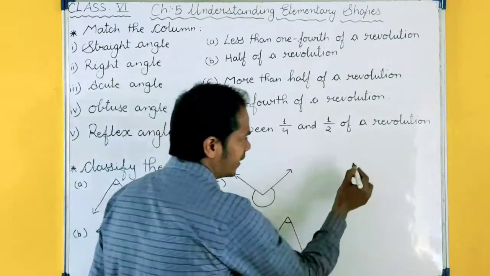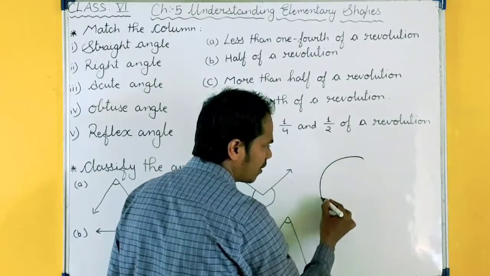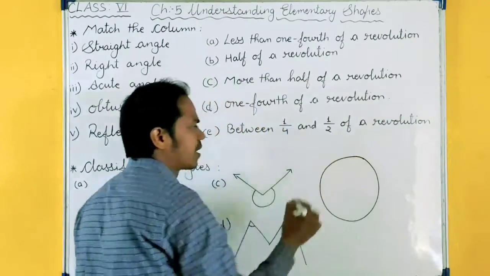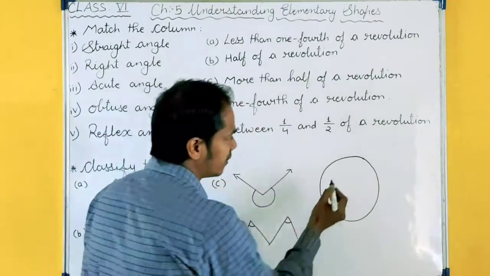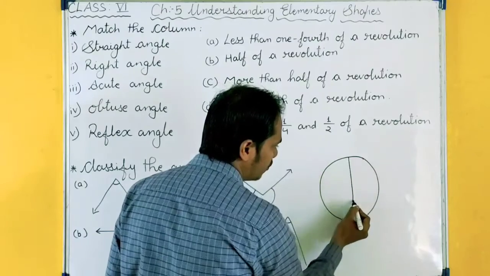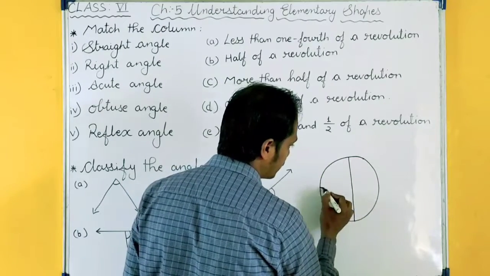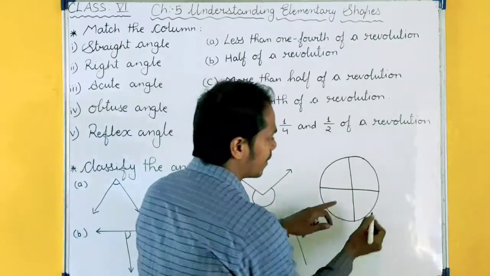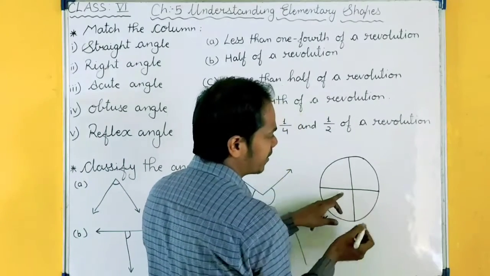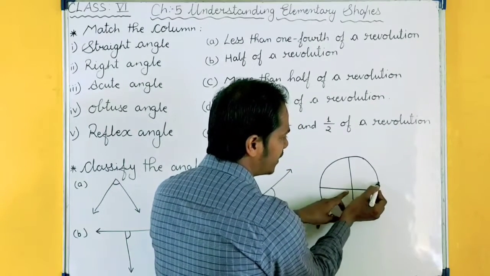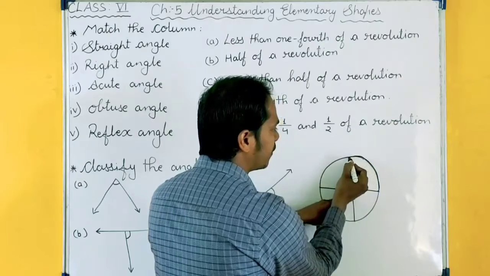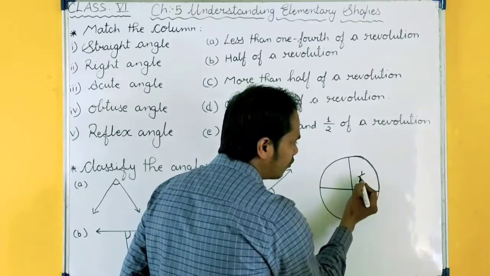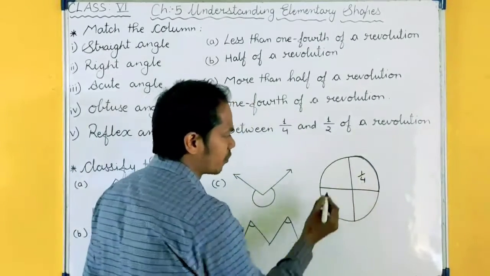You know that this is one circle. I am dividing this circle into four parts. When you start moving from here and reach till here, how many revolutions have you completed? 1/4.